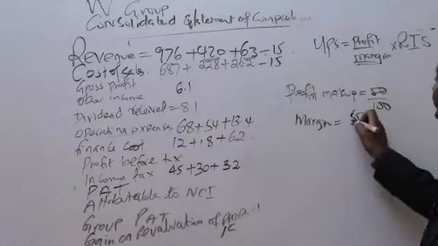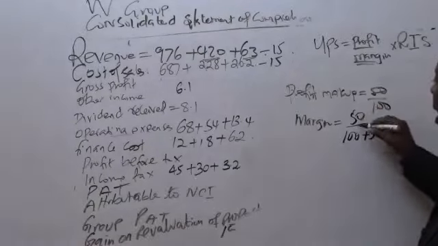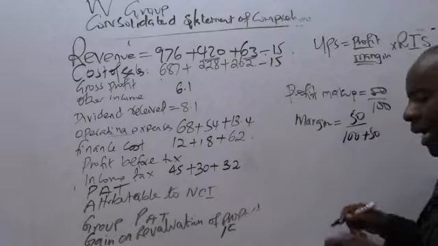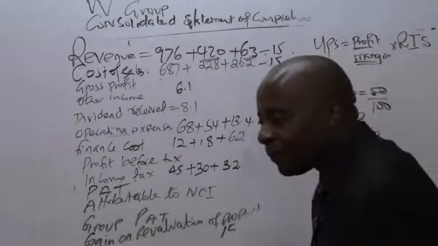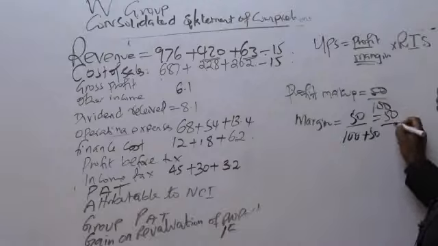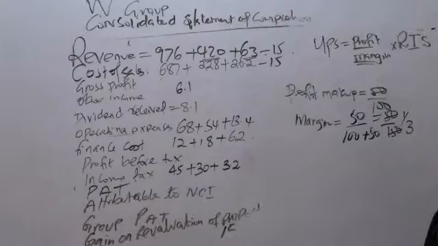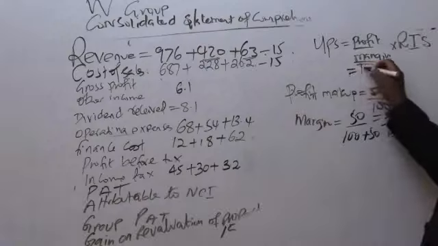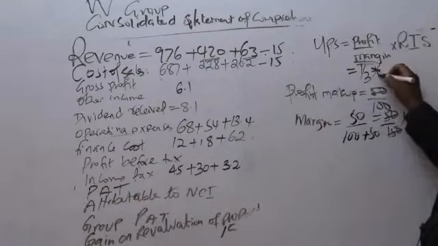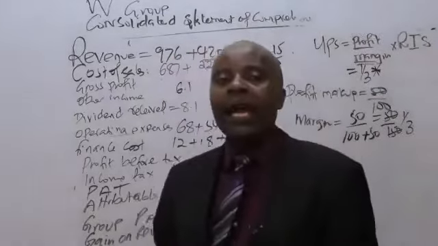You take the numerator, 50, and add it to the denominator. So this will be 50 over 150, which is the same as a third. So profit margin is a third, times remaining intra-sales.